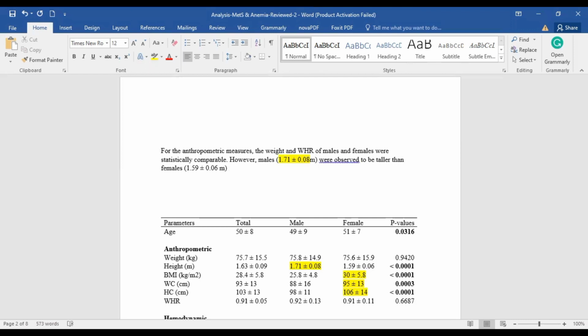Then we also add p-value equals 0.0001, less than. Females also had higher BMI. Then we put this one in brackets.